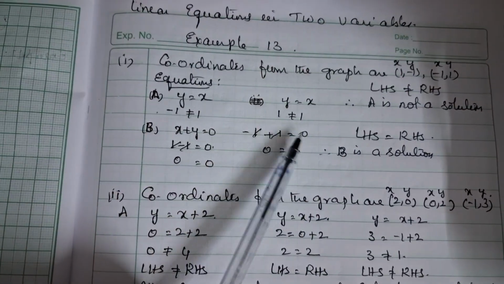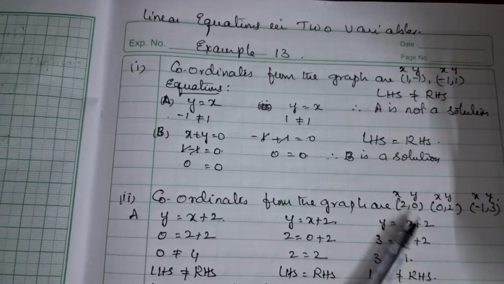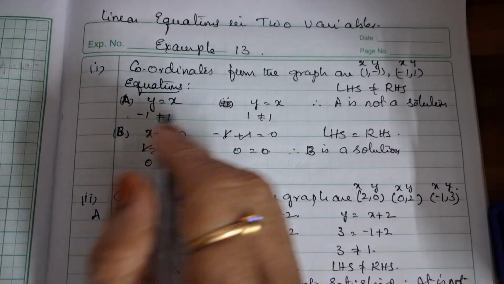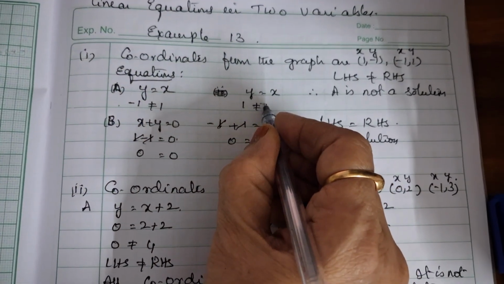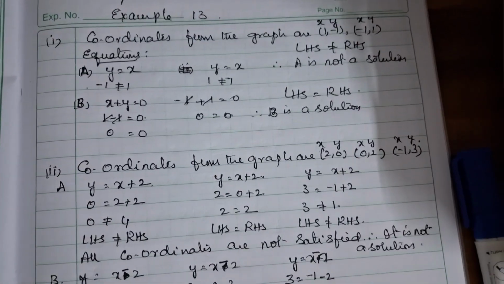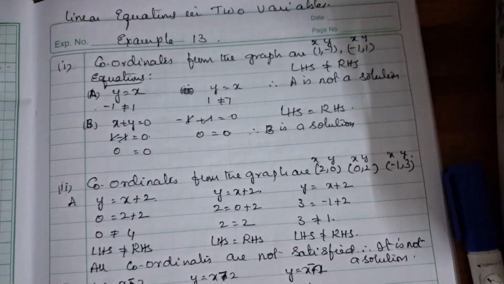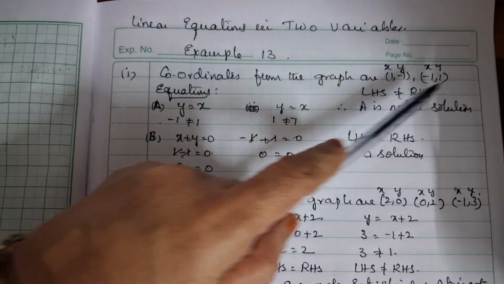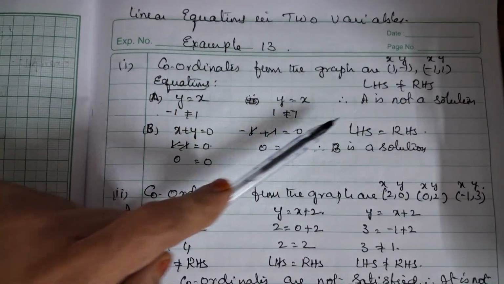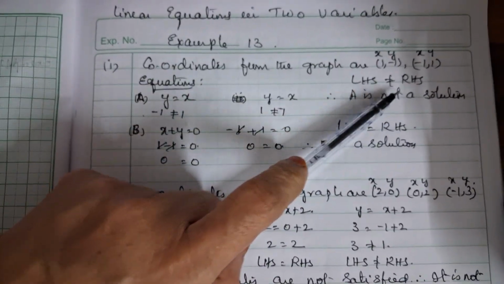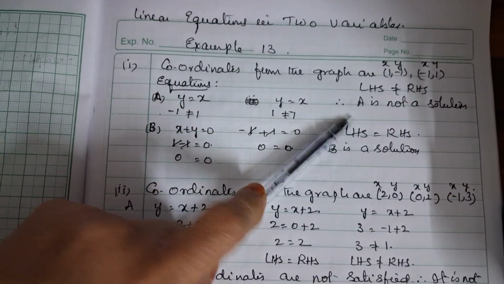So y is 1 and x is minus 1. I have taken 1, children. This is minus 1. So both are not equal. That means what? A cannot be a solution, because in this equation, when you substitute these 2 values, we are not getting LHS and RHS equal. LHS is not equal to RHS, so A is not a solution.